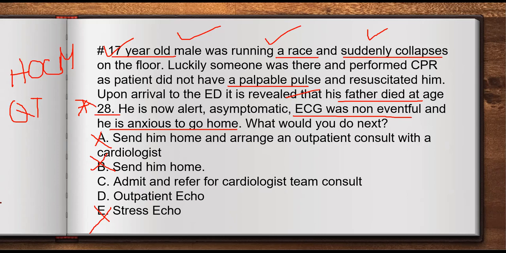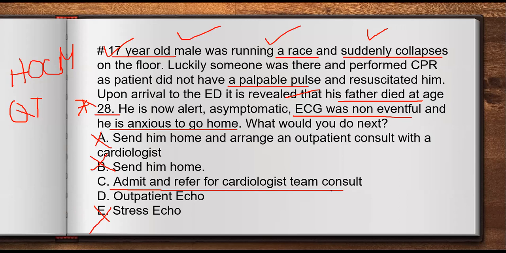So this patient is not a good candidate to send home at this time. On top of that, he has a history of sudden cardiac death in the family. What if you send this patient home and then the patient dies? It can happen. This sort of patient needs all the imaging and all the investigations before you send him home. So better in here you admit this patient and refer to the cardiologist team for consultation.